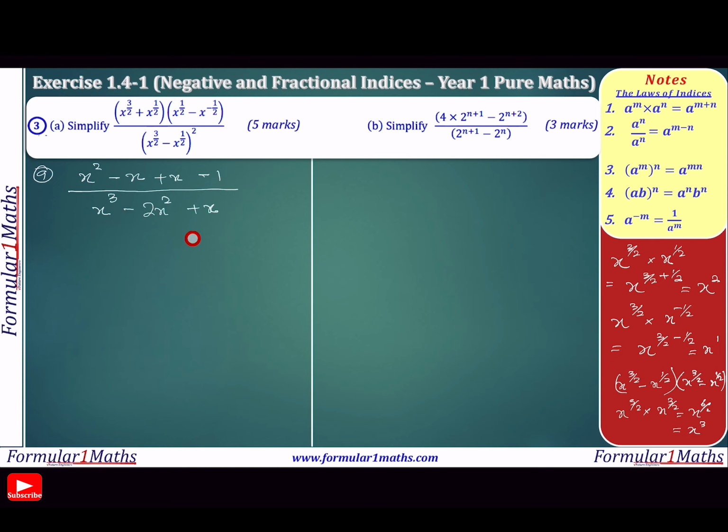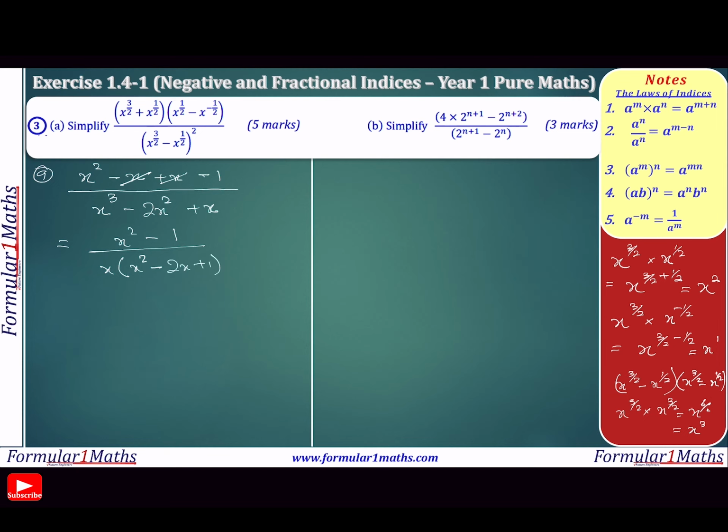Now we can see that for the numerator, this will cancel with that, because minus x plus x equals 0. And so we are going to get x squared minus 1 over, and I can factorize x out for the denominator. So I'm going to get x out, I get x squared here, minus 2x plus 1.